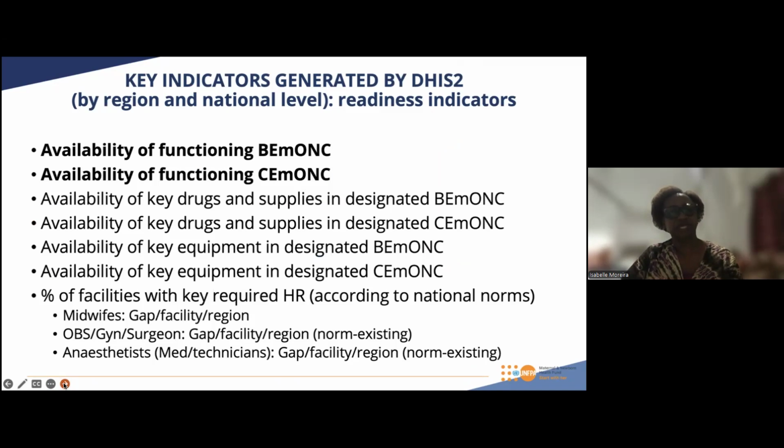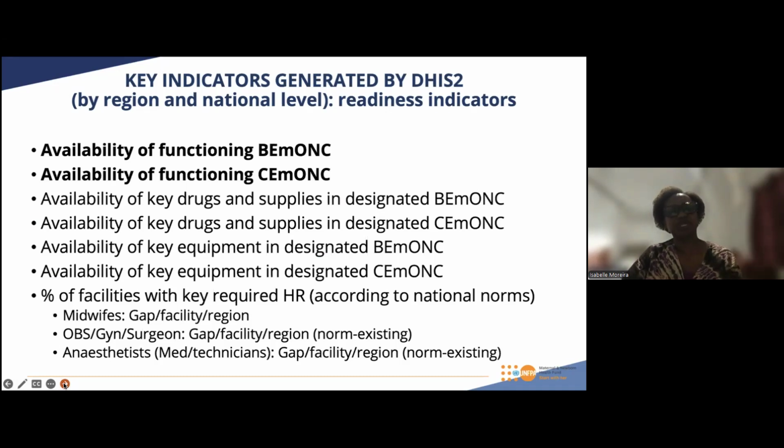That means with the minimum number of human resources 24 hours, with all drugs and supplies available 24 hours, the equipment needed 24 hours, functioning equipment, and also cases managed during the period that the facility had been monitored. You can see that it's really a challenge, but this is what is needed in order to provide care and save women's lives.